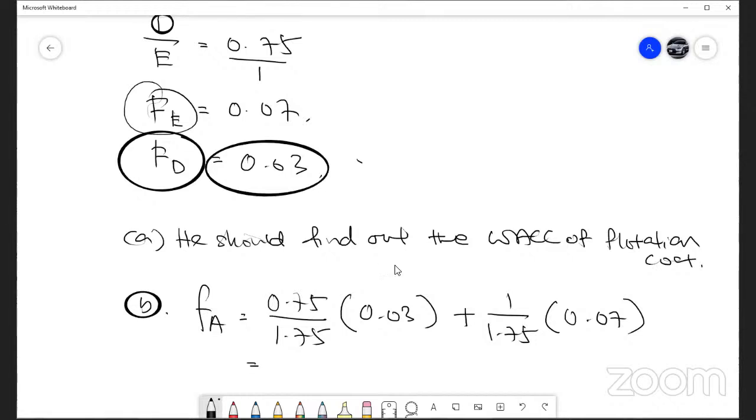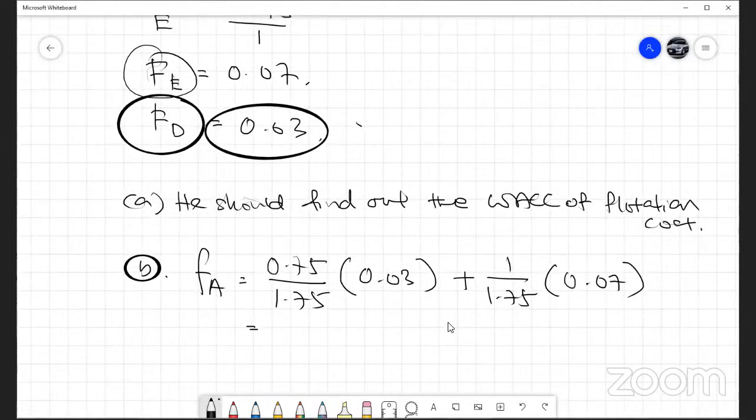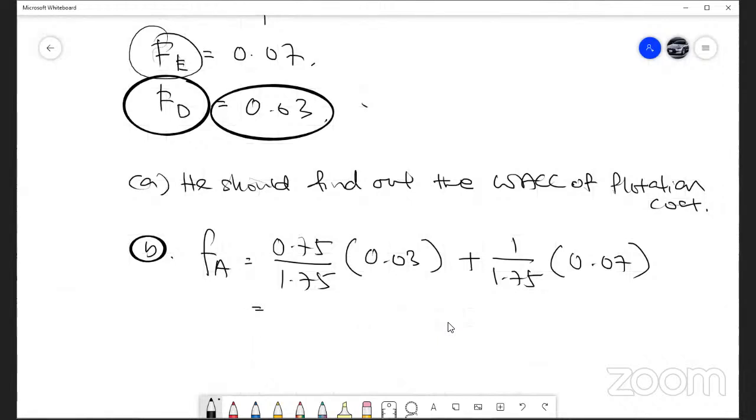This will give you your weighted average flotation cost: 0.0529 or 5.29%.